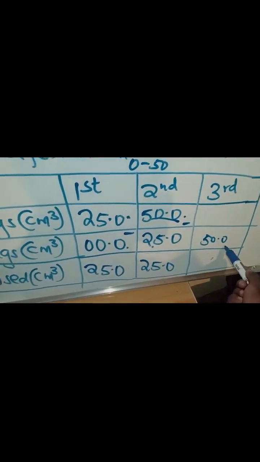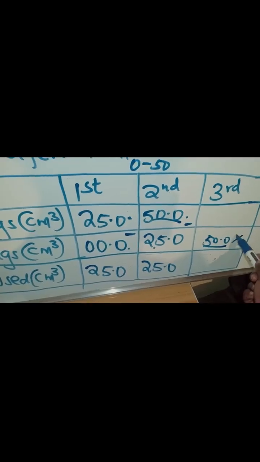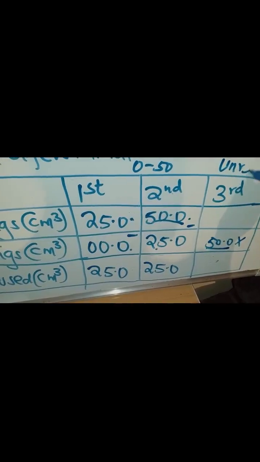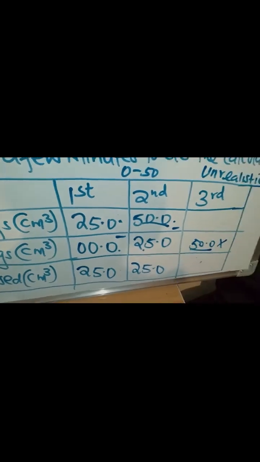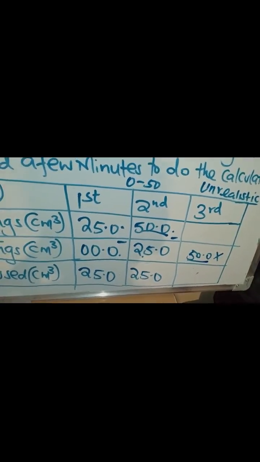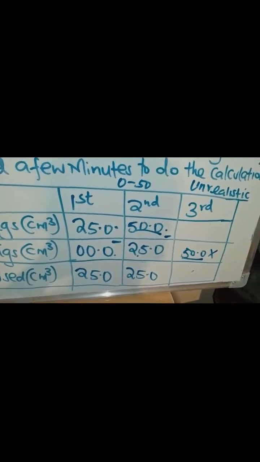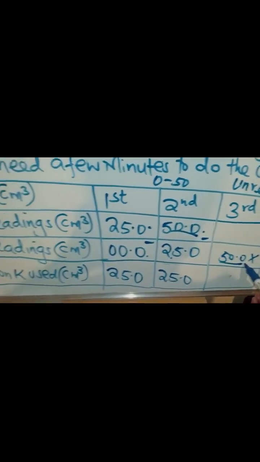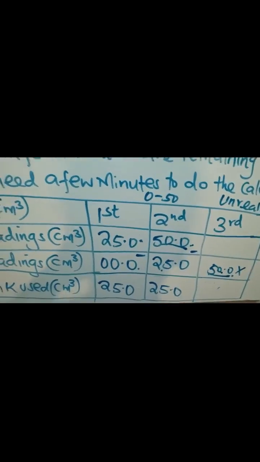So if you indicate here that this is the initial, it will be an unrealistic value. In our previous video, we talked of that when you are filling the table, you should avoid unrealistic values. So there is no way that an initial reading can be 50, but a final reading can be 50. So what do you do with this one?